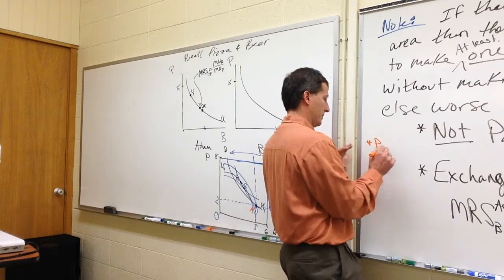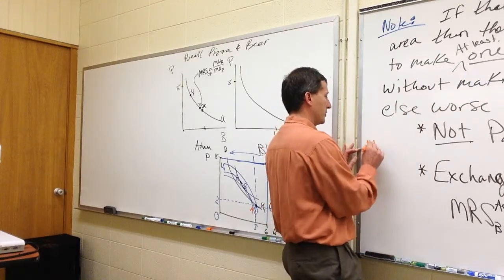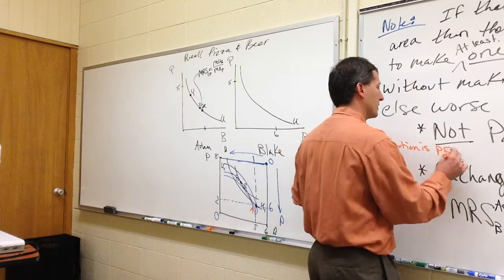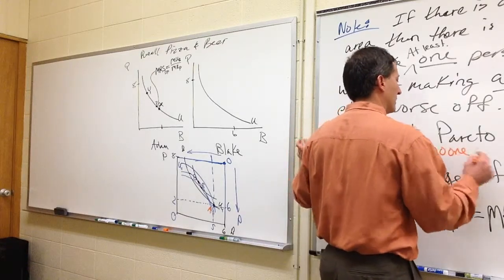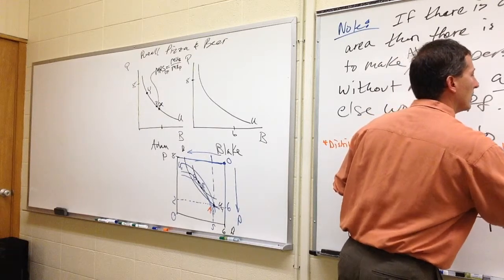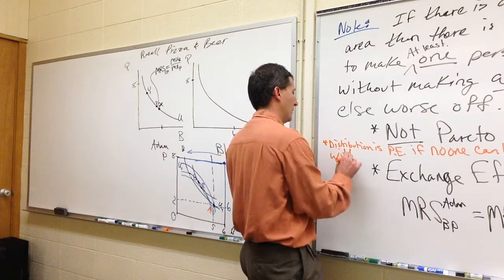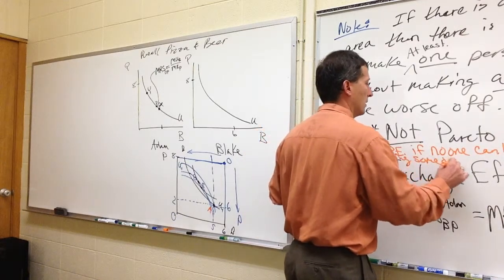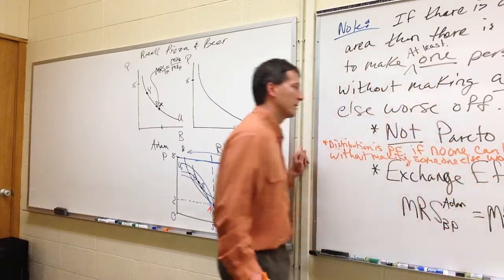So an allocation, a distribution, is Pareto efficient if no one can be made better off without making somebody else worse off.